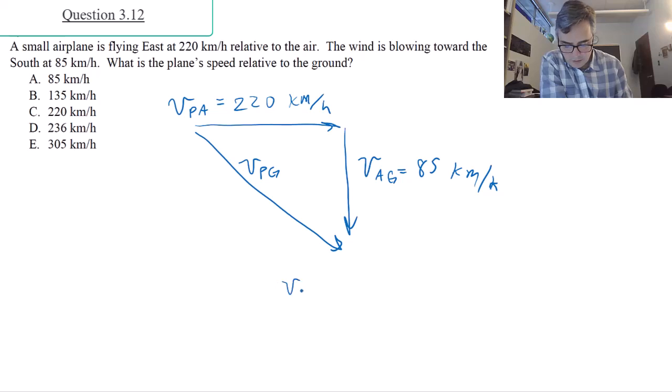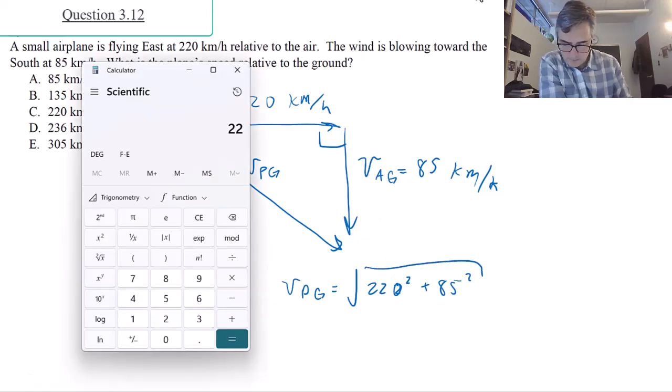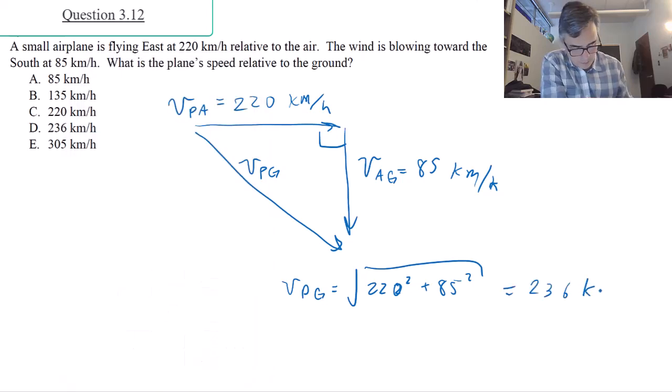I'll just use the Pythagorean theorem since these are at right angles: 220 squared plus 85 squared to get that speed. Take the square root of that, and you get 236 kilometers per hour, which is D.